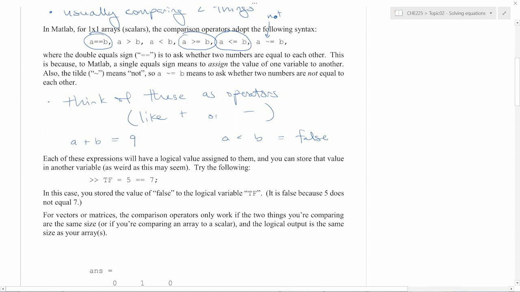Now, what's weird about this is, because these are operators, it's kind of like asking a question. Is A less than B? And that has a value of false. You can store that value in a variable. So, for example, I can store the answer to this question here, is 5 equal to 7, in a variable, let's say TF.